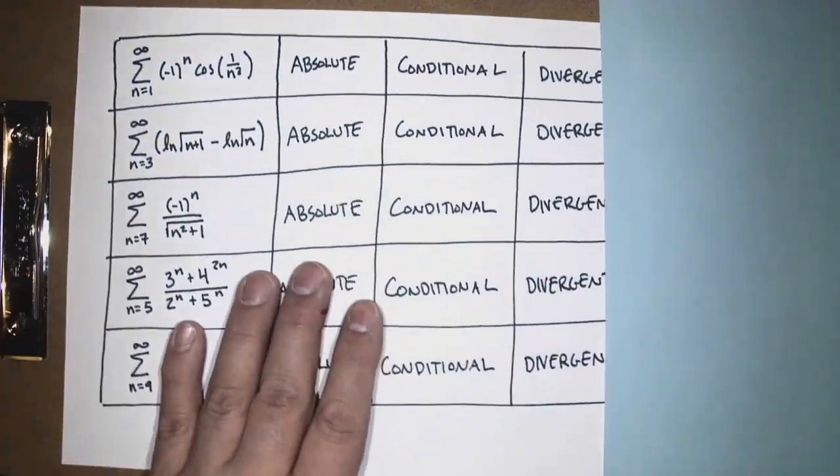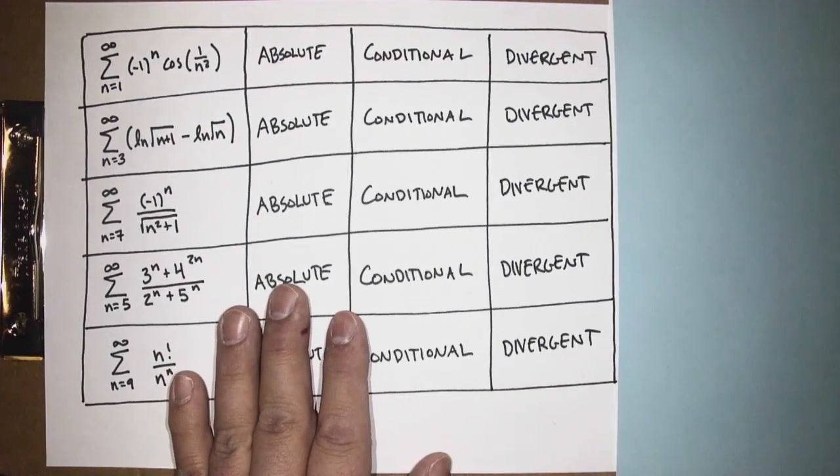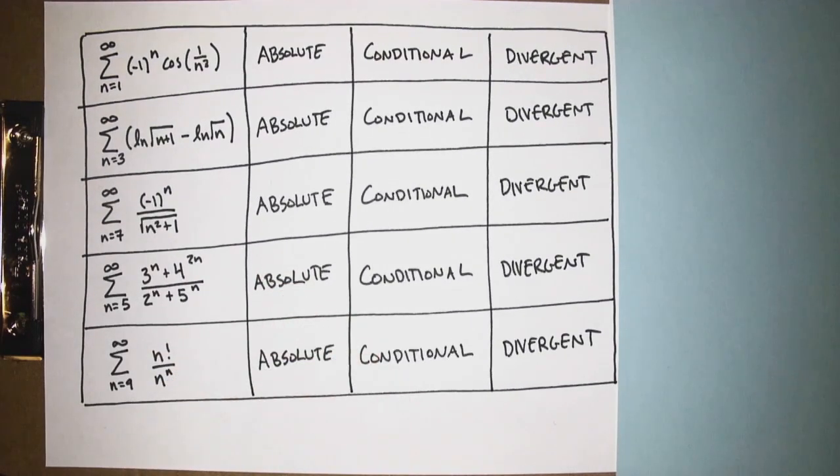All right, we're ready now for round 2. Same thing. Talk to your neighbors. We'll just start at the top. The sum of (-1)^n cosine of 1 over n squared. Absolute, conditional, or divergent?